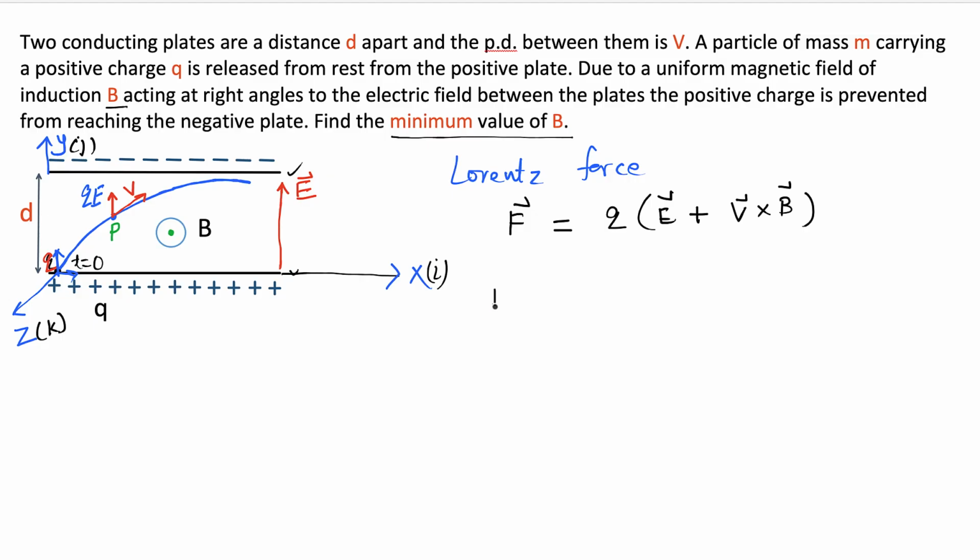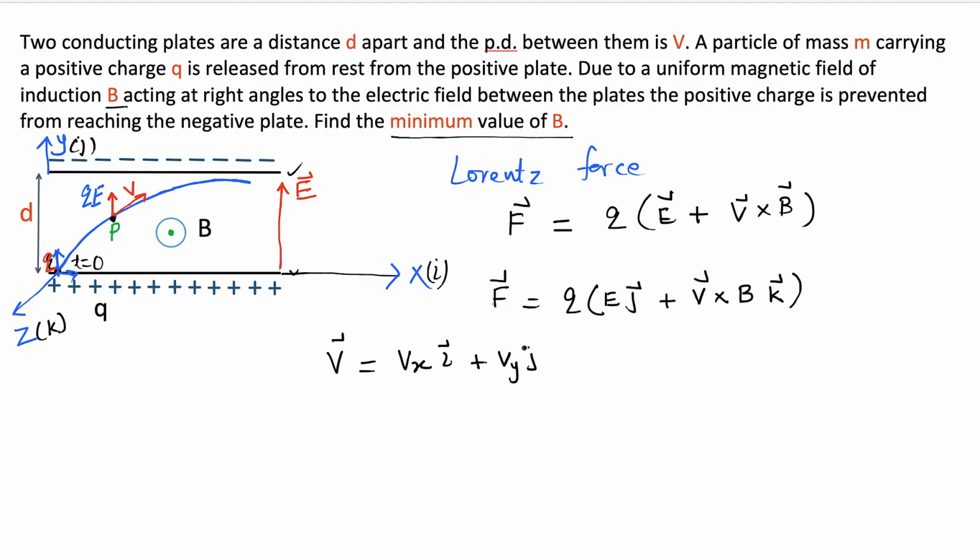So we can write F as q(E j plus V cross B), and B is always in the k direction. Now let's define V as Vx i plus Vy j. We know that the velocity of this particle will be in the xy plane.